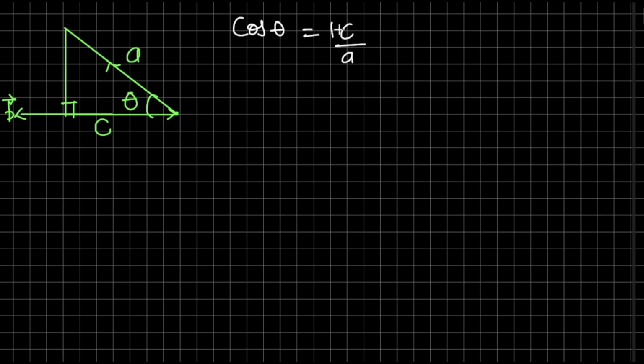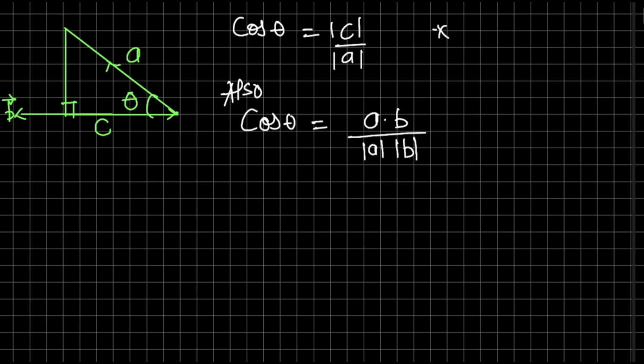So magnitude of C all over magnitude of A. We also know from the angle between 2 vectors that cos theta equals A dot B all over magnitude of A, magnitude of B. Is it making sense?